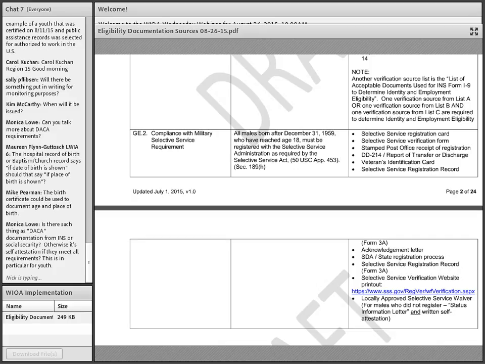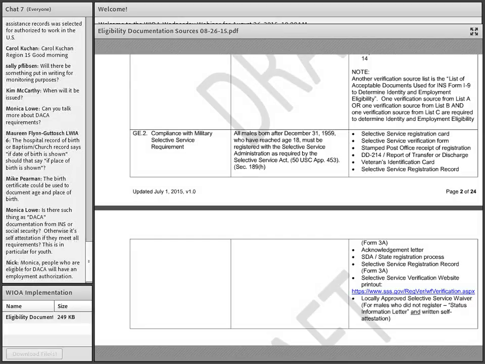Okay, and we also removed, I think we had a telephone number to contact for selective service verification. That number was out of service when we tried it recently, so we've just taken phone numbers off this list. We've given the most current website that you can go to for the selective service site. You'll see it there on page 3.